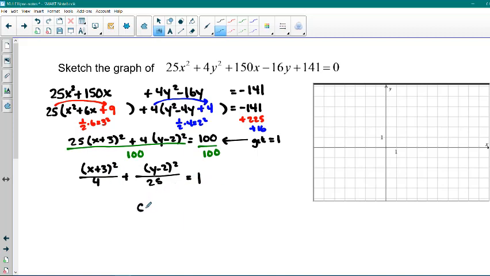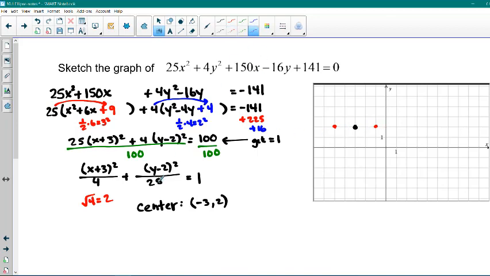We're able to look at this and identify the center of the ellipse to be negative 3, 2, and we will plot that location, negative 1, 2, 3, up 2. There's my center. From the center, I will go out in the x direction, the square root of 4, which is 2, left 2, right 2.